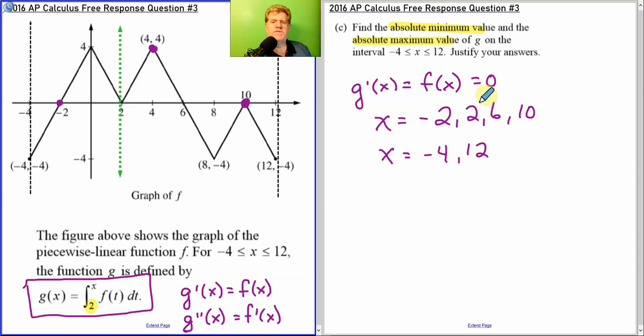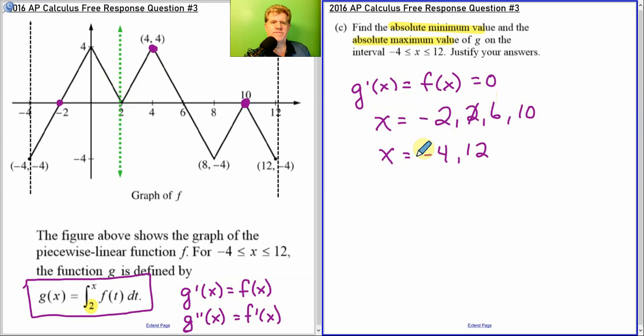Well, if it's positive and positive, it can't be a max or a min. At 6, it goes from positive to negative, so that means it's a local maximum. And at 10, it goes from negative to negative, so it can't be a max or a min. So we have to find these values, and I'll put them in order.